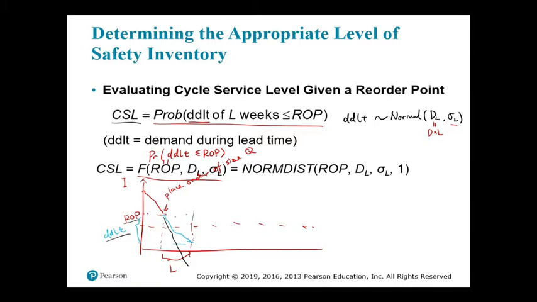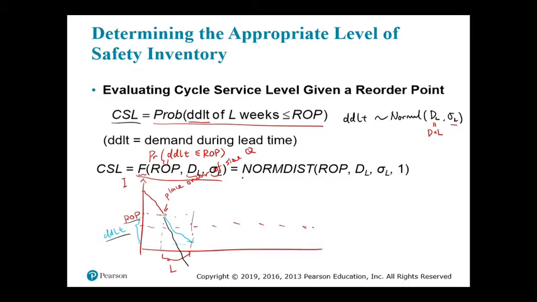Since lead time demand is normally distributed, it's a normal CDF function with mean DL and standard deviation sigma L.